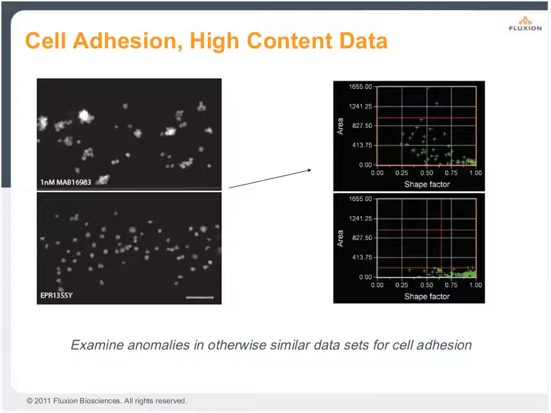This is depicted on the right by graphing the cellular area against the shape. For normal cells, the area is similar and the shape is round, which you see on the bottom right panel. For the clumped cells, the area and the shape is irregular, and because you have these microscopy data, you can eliminate this compound from your screen right away.